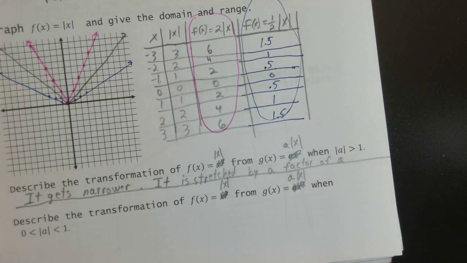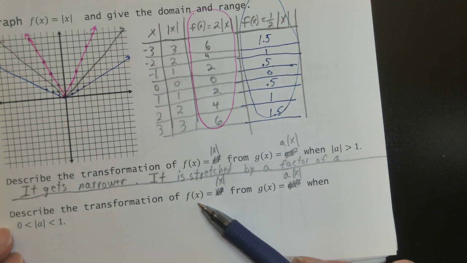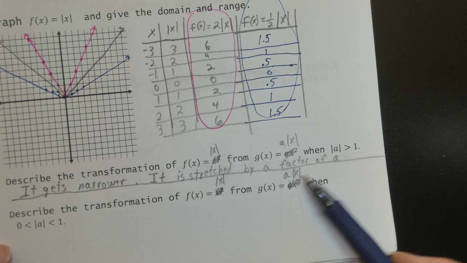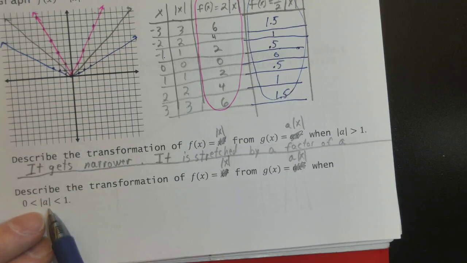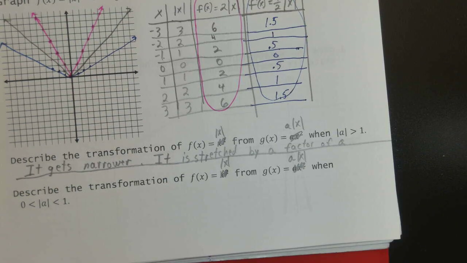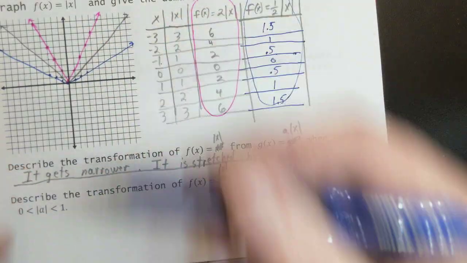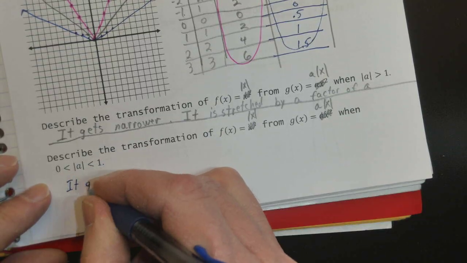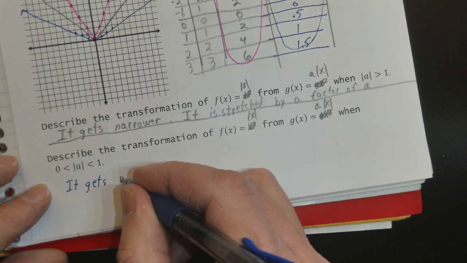So what happens here? Describe the transformation of f of x equals absolute value of x from g of x equals a times absolute value of x when the absolute value of a is somewhere between 0 and 1. Like 1/2 is between 0 and 1, right? What happened to our graph? It gets wider.